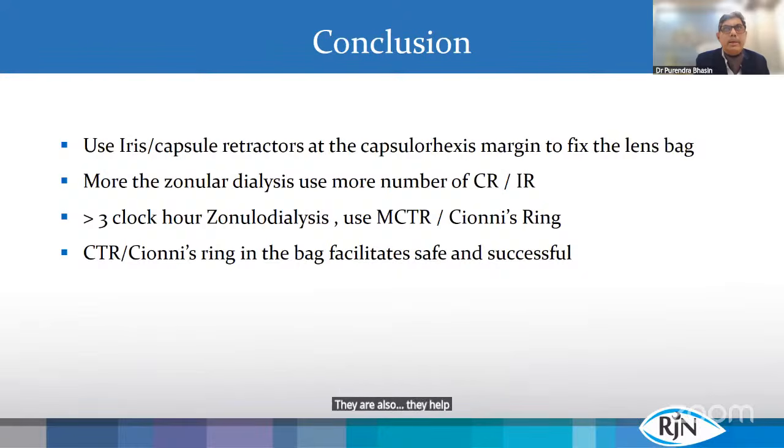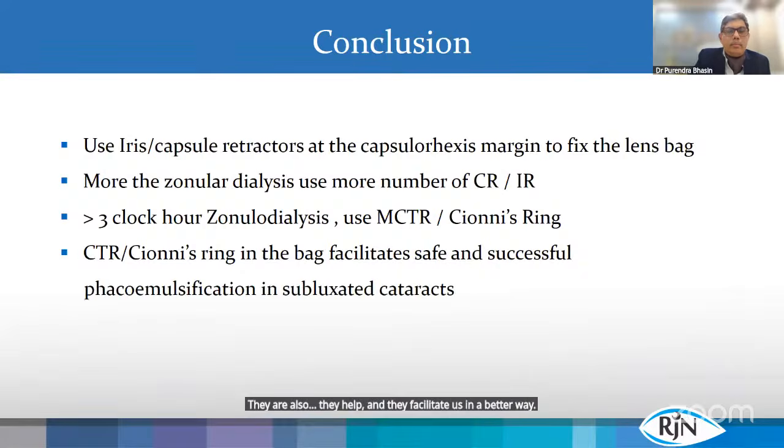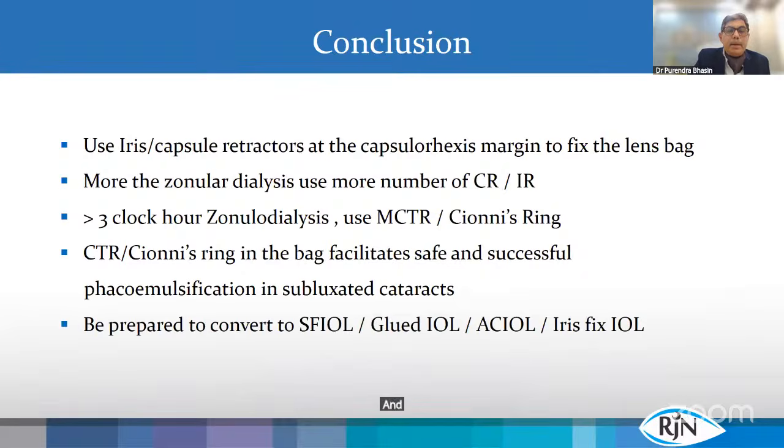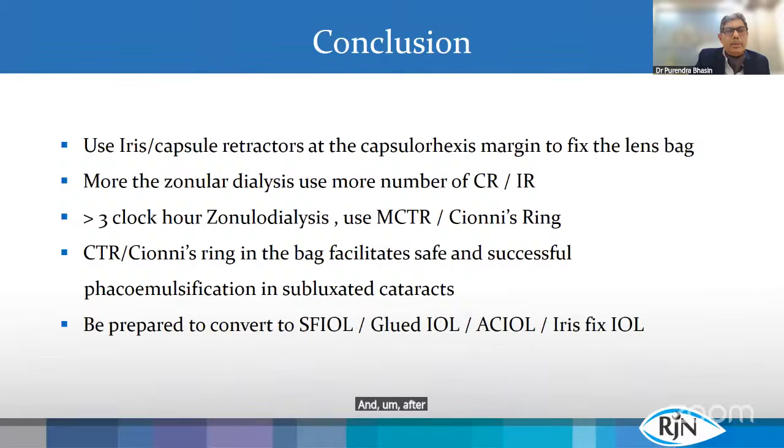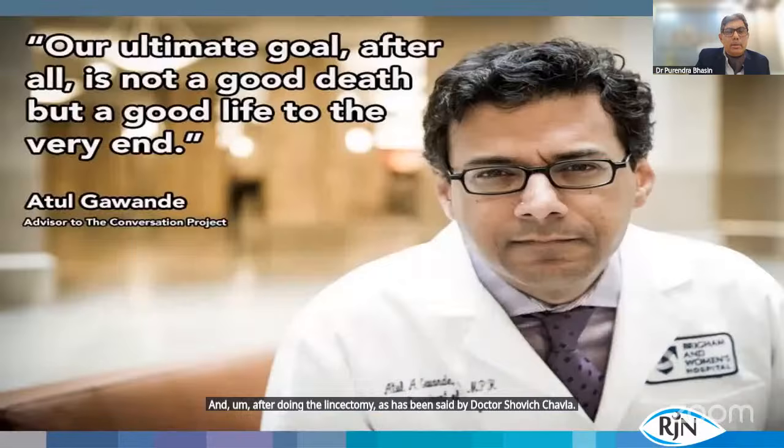They facilitate us in a better way. And one should be prepared to convert to a scleral fixated glued IOL or AC IOL or iris fixated IOL, after doing the lensectomy, as has been said by Dr. Shobit Chawla. So these are very well done.